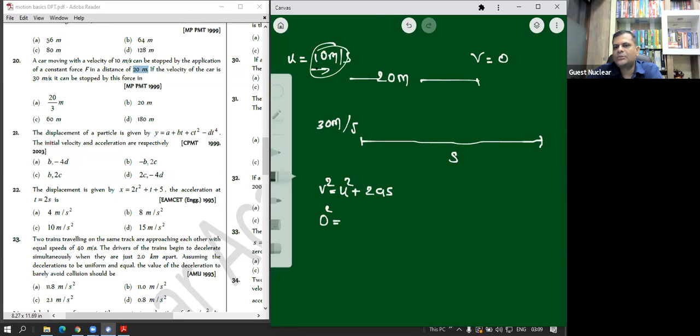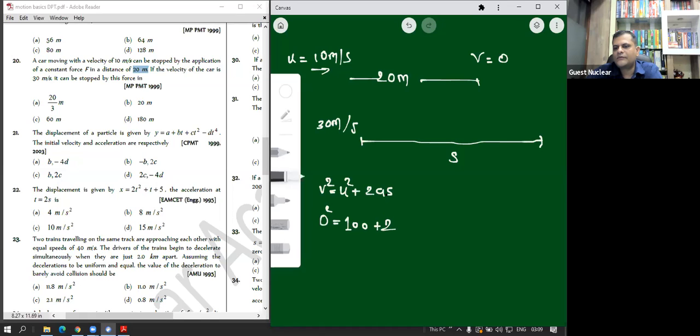U is actually going to be 10 meter per second, so you can replace it by that and get this: 10 का square जो बनता है 100 plus 2 times of a which is not known and s is already known to be 20 meter here. So this 20 can be replaced here so as to get this acceleration.